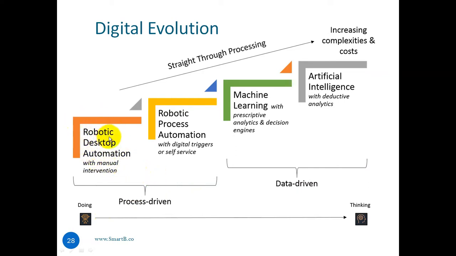You have robotic desktop automation where you do a bit more manual intervention. But RPA can also do digital triggers to increase process automation. And then eventually, once you have the data, then you have machine learning and AI. As you can see, the complexity increases, but RPA is a lot more the doing. The thinking is more a little bit later.